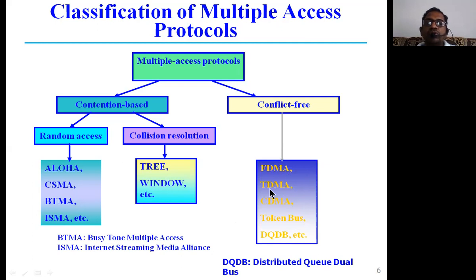These protocols are conflict free, which means there won't be any question of collisions taking place. Presently we don't have these in the syllabus either, so we are only dealing with Aloha and CSMA protocols.